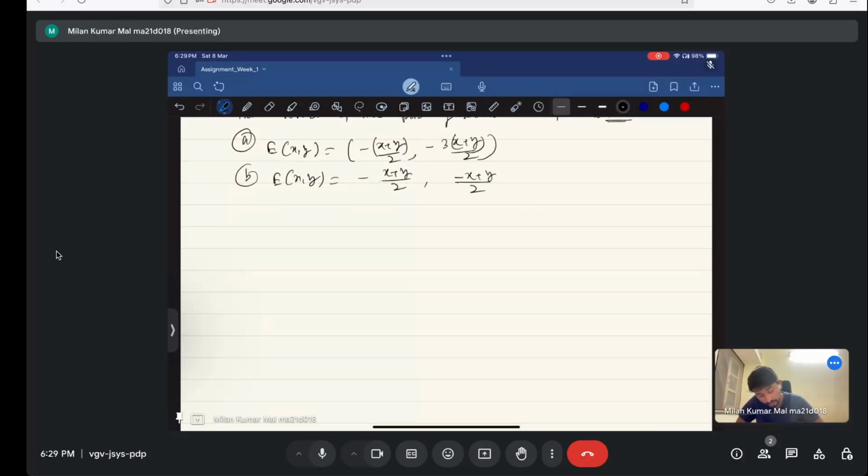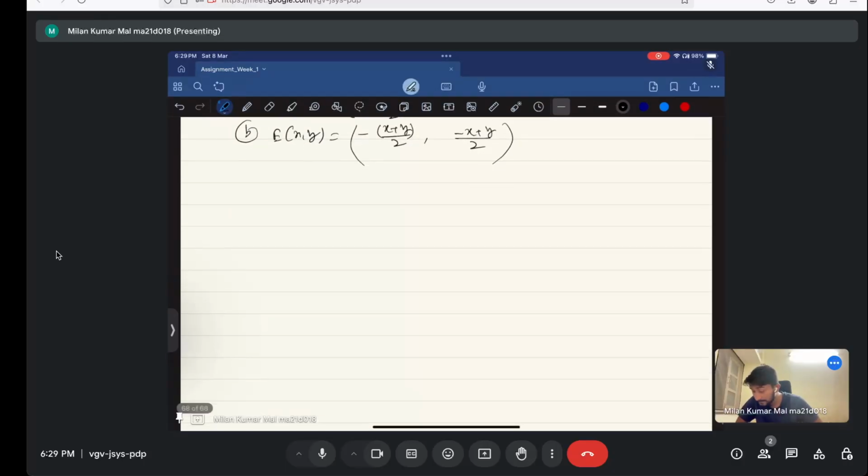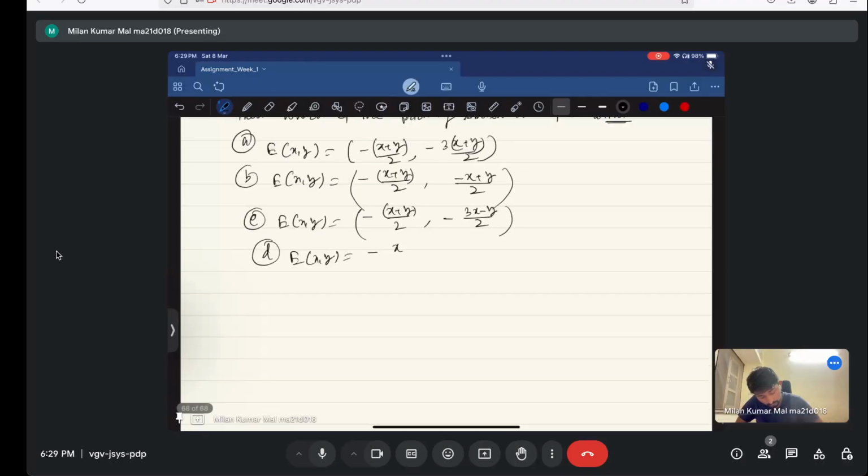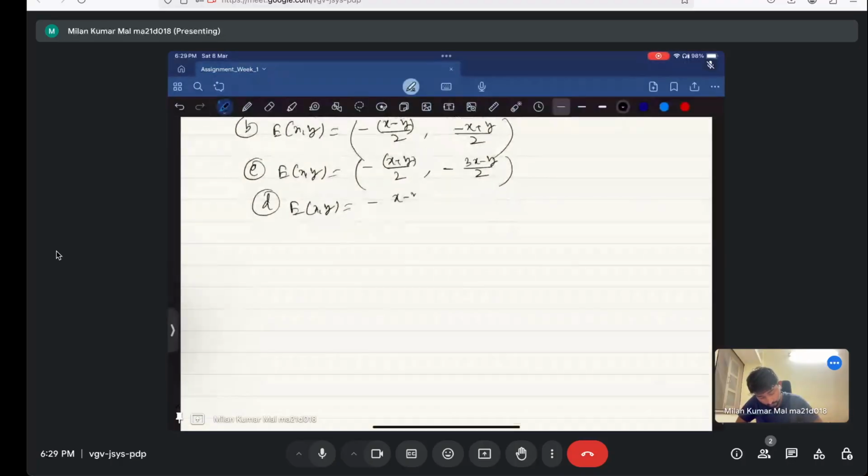Option C, E(x, y) equals (-(x+y)/2, -(3x-y)/2). And option D, (-(x-y)/2, -(x-y)/2), where this is also outside. So these are the options. Which of these are correct?